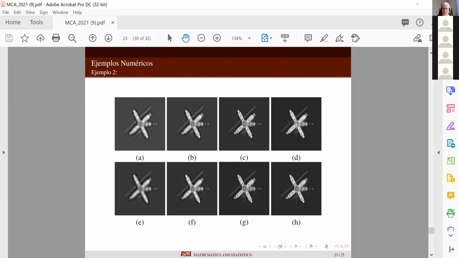Actually, I don't remember exactly what these 2 columns are. The first one is without using our solver, just using Gauss Newton, and the other one is by our solver. Yes, perfect.